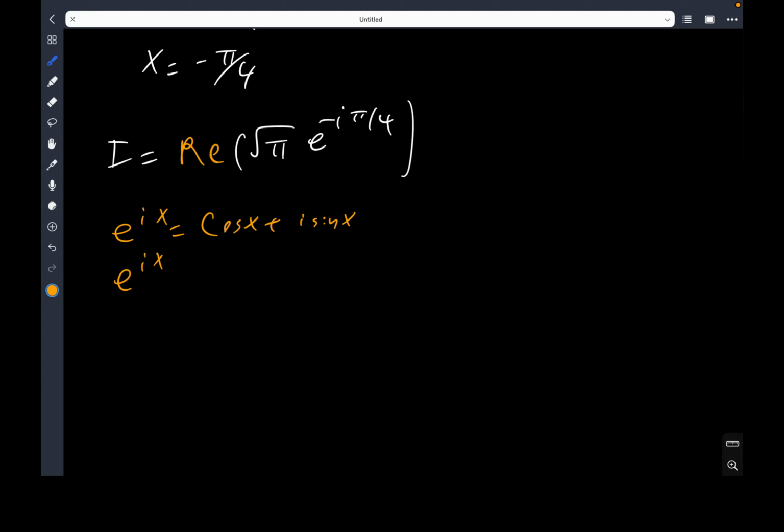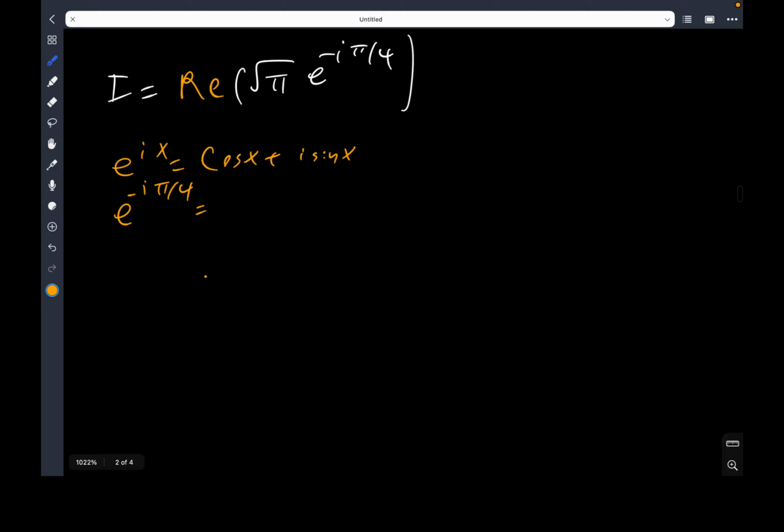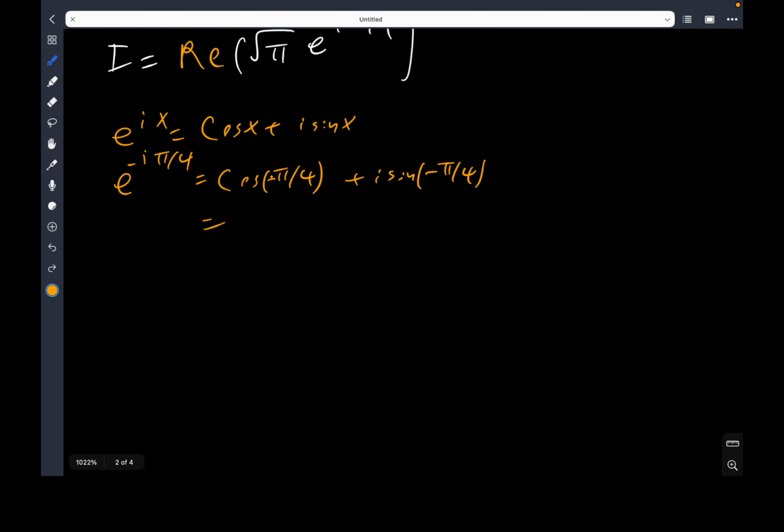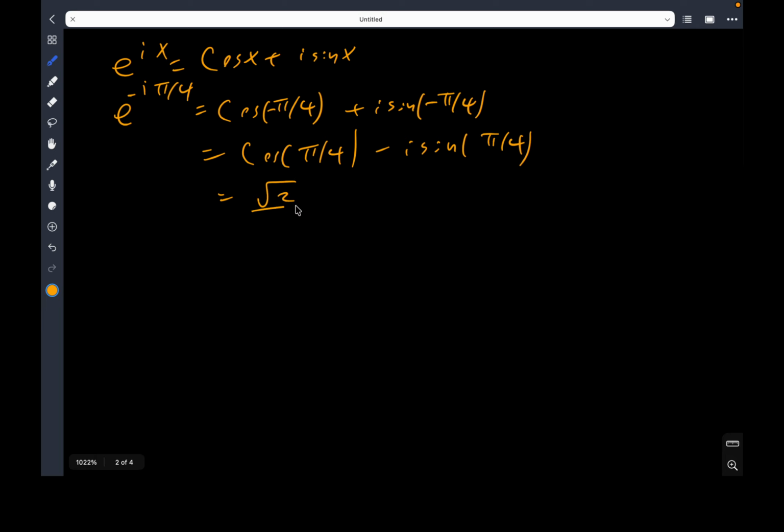So e to the negative i pi over 4 would be cosine of negative pi over 4 plus i sine of negative pi over 4, which, this negative is going to get absorbed, is cosine of pi over 4 minus i sine of pi over 4. Therefore, it would be root 2 over 2 minus root 2 over 2 i. And it's going to be root 2 over 2 times (1 minus i).